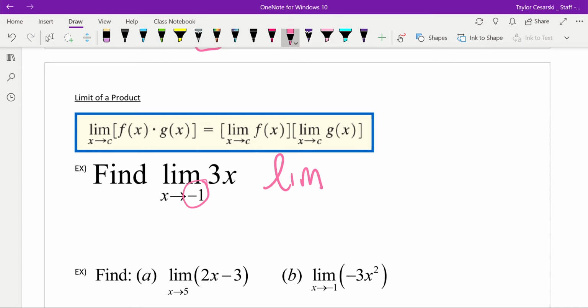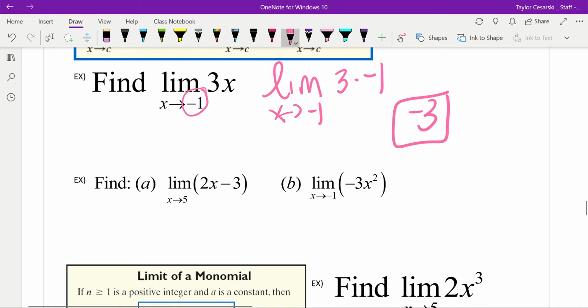So the limit as x approaches -1 of 3 times -1 is going to be -3. Same thing here. 2 times 5 minus 3 is going to be 7. We're just plugging in whatever we're approaching.